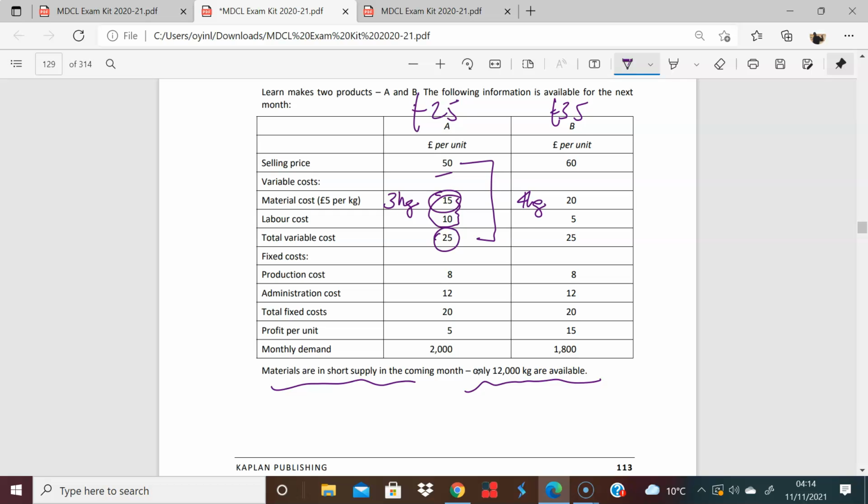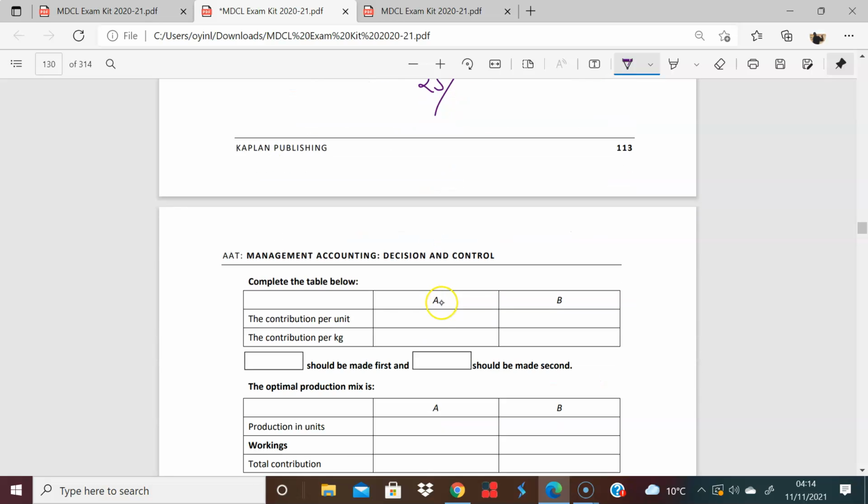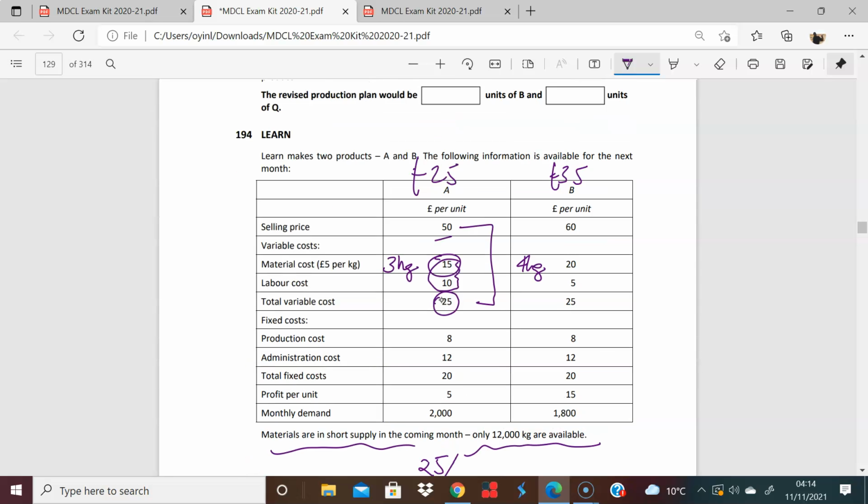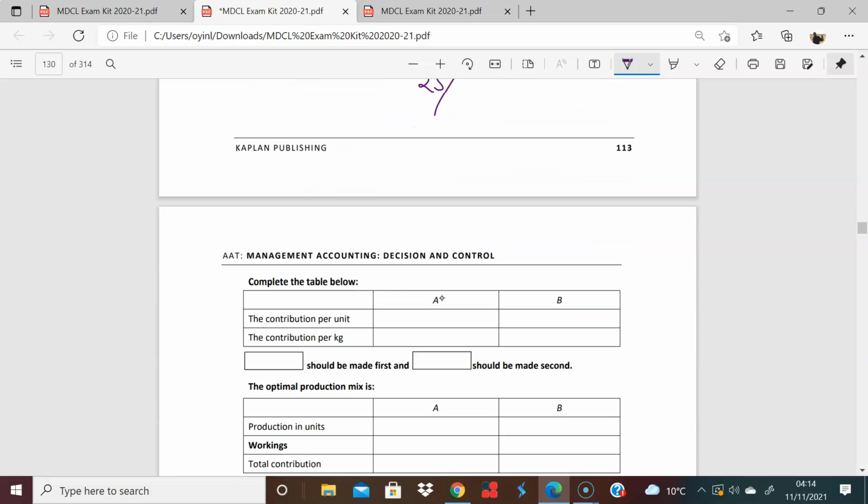So the question here is that in A, sorry, actually, I think they give me some help here. Okay, great. When I say help in terms of layout, so that's 25, that's 35, that's 3 kilograms, and that's 4 kilograms. So I can find who's giving me the best contribution per kilogram.